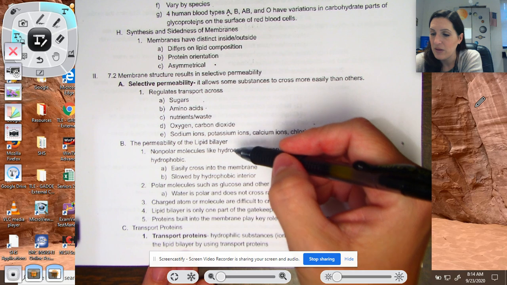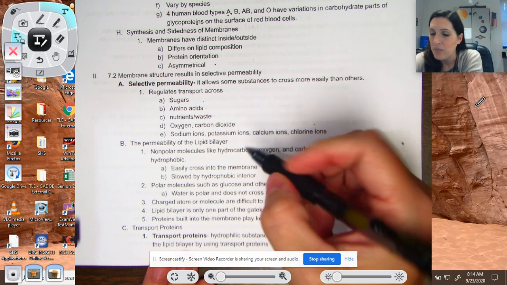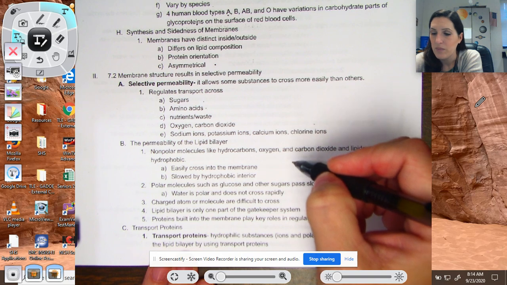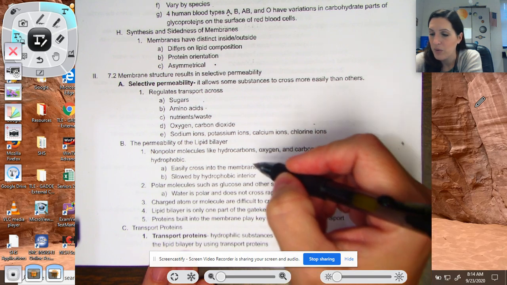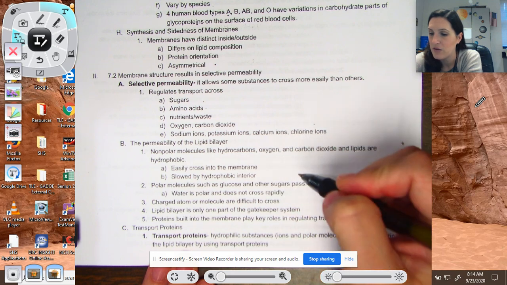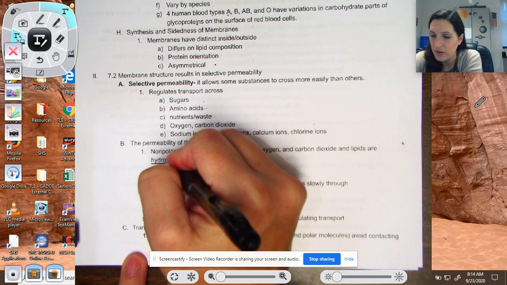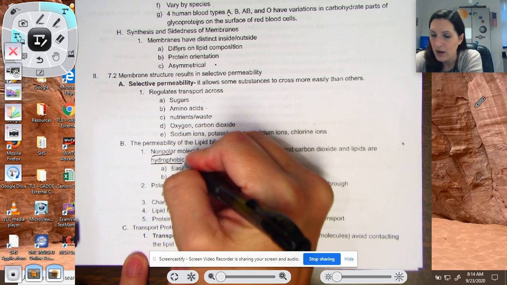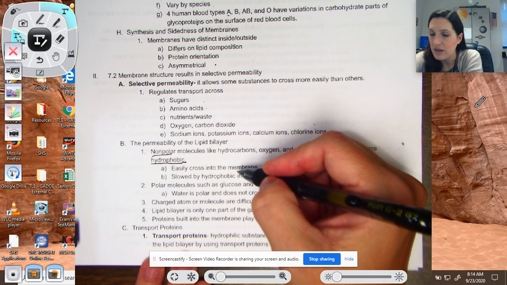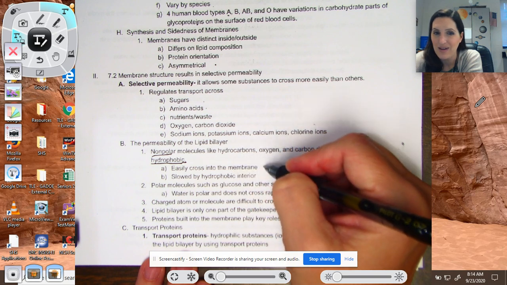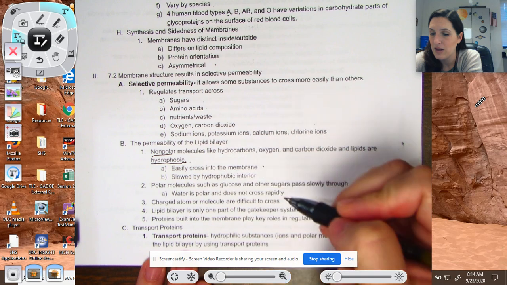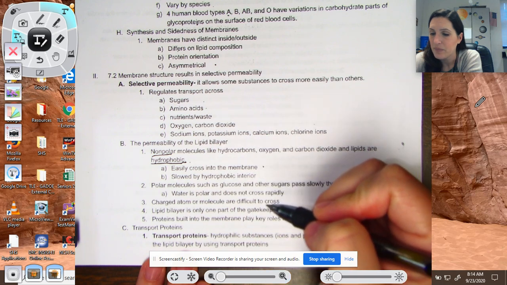The permeability of the lipid bilayer: nonpolar molecules, polar is like water, nonpolar molecules like hydrocarbons, oxygen, carbon dioxide, and lipids are hydrophobic. So nonpolar are hydrophobic. They don't like to mix with water. They can easily cross the membrane because the tails don't like to mix with water either, so they can go through those tails pretty easily, okay?